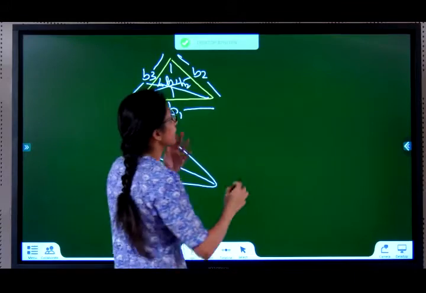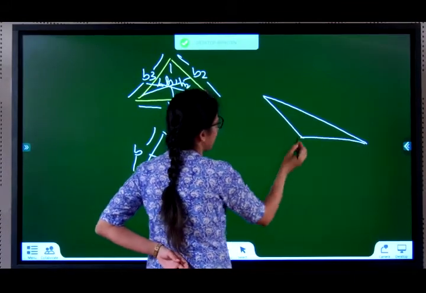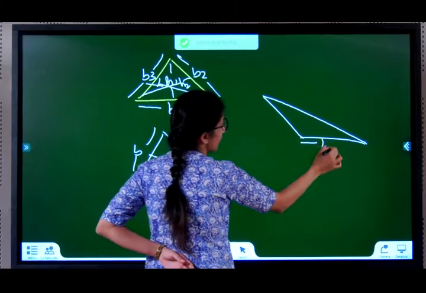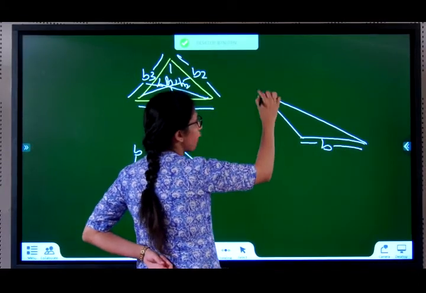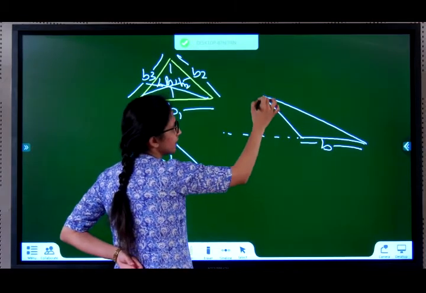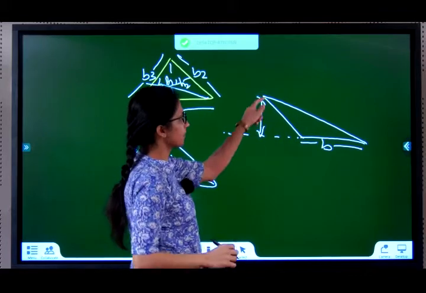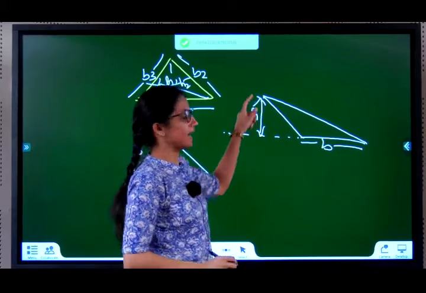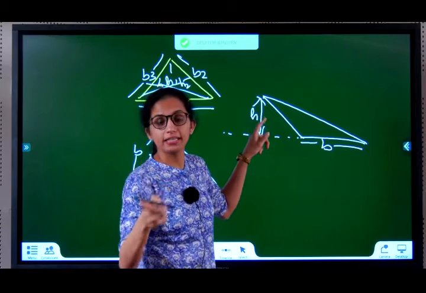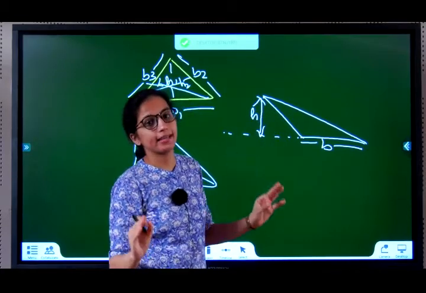Now, if it is an obtuse triangle, and I am choosing this to be my base, I have to drop a perpendicular from this point to here. So this will be my height. So the height of the triangle can lie outside.